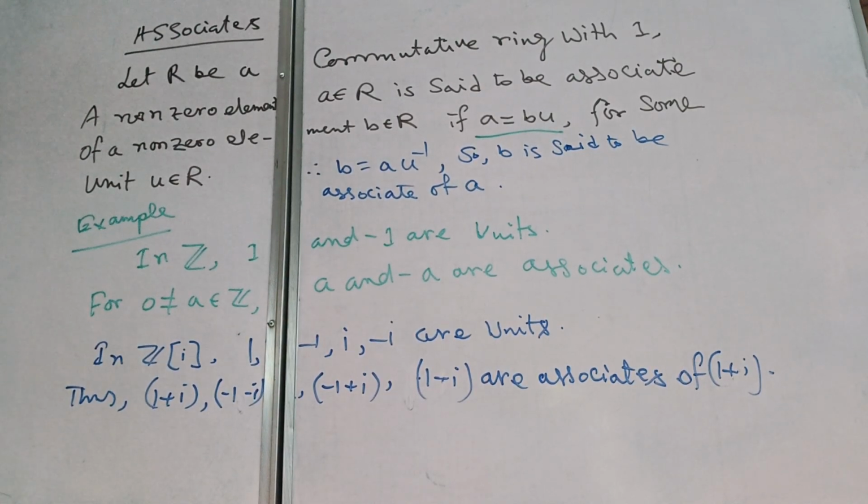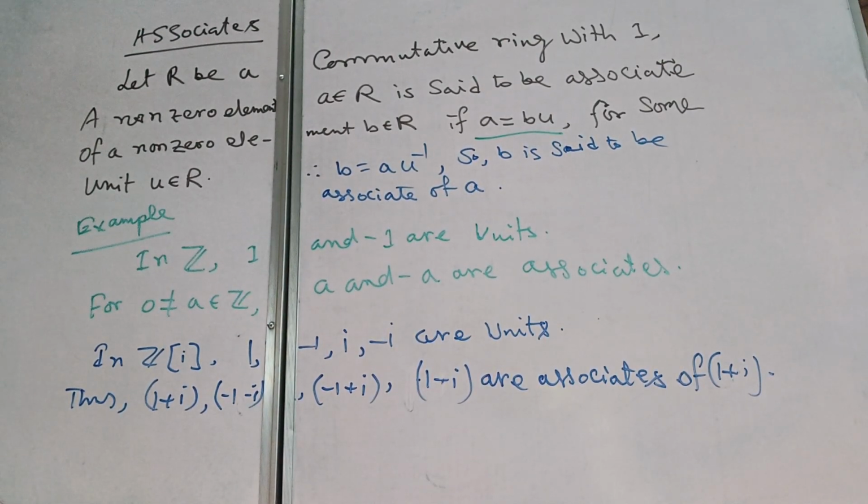Here A and minus A are associates, and 1 plus i, minus 1 minus i, minus 1 plus i, and 1 minus i are associates of 1 plus i.